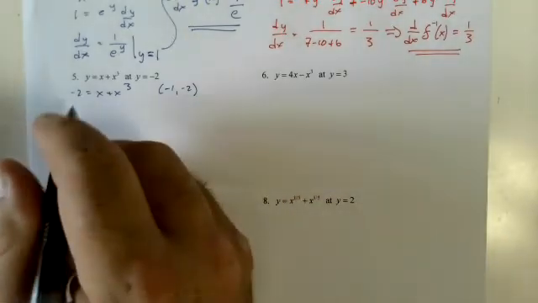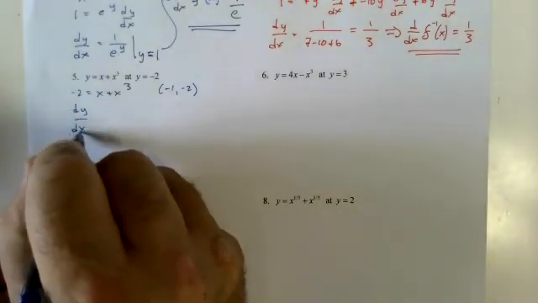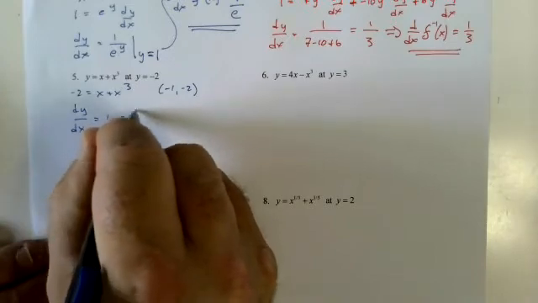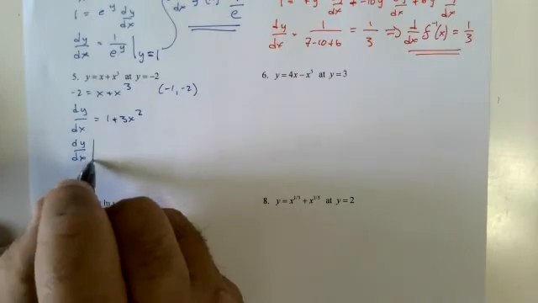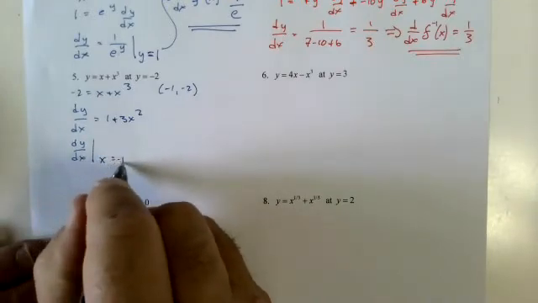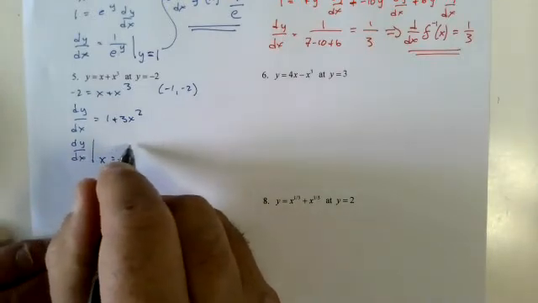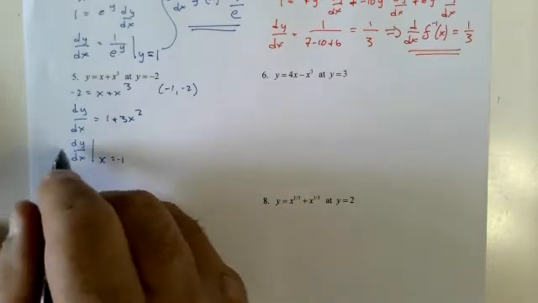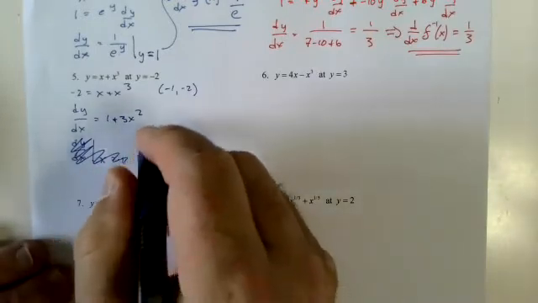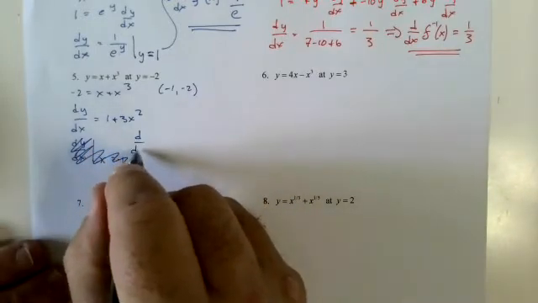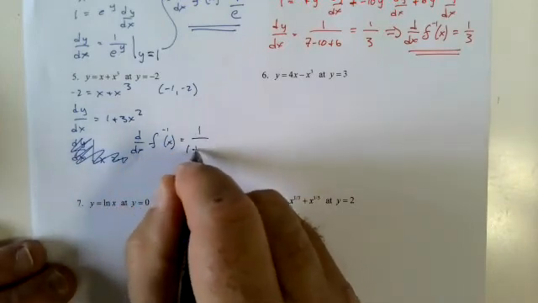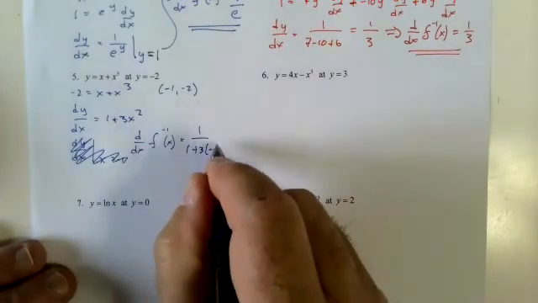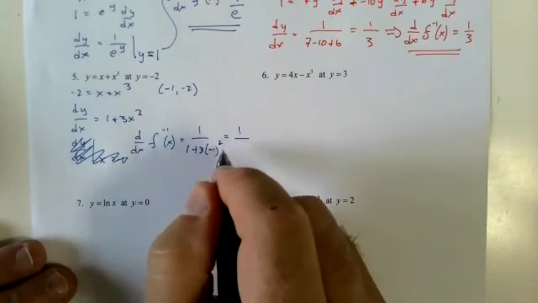Cool. dy dx equals 1 plus 3x squared. dy dx when x equals -1. Lost my mind for a second there. d dx of the inverse, 1 over 1 plus 3 times -1 squared equals 1/4.